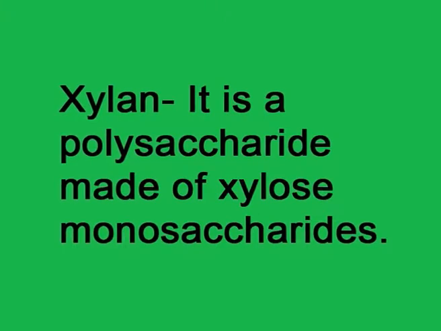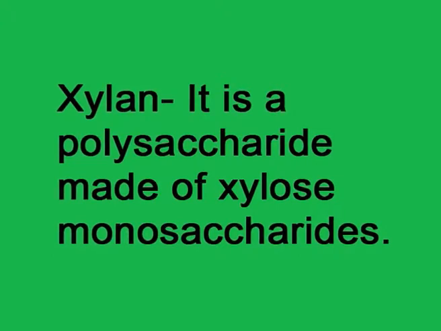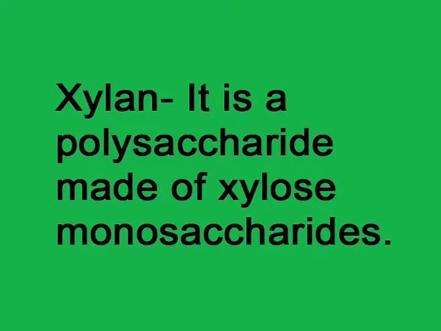Other homopolysaccharides can also be mentioned, such as xylan. It is made up of xylose monosaccharides. The general name of the homopolysaccharides is glycan, because they are formed by the joining of glycosidic bonds.